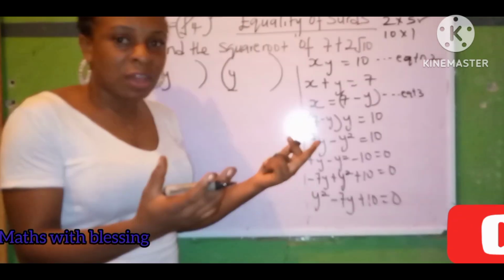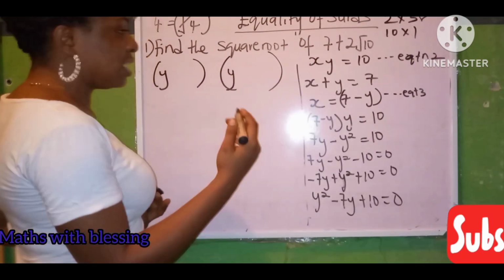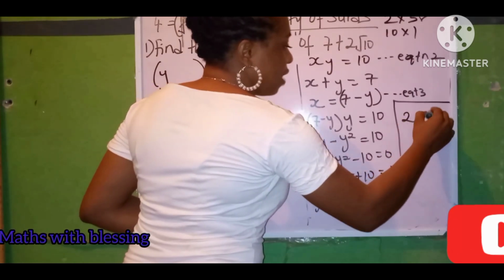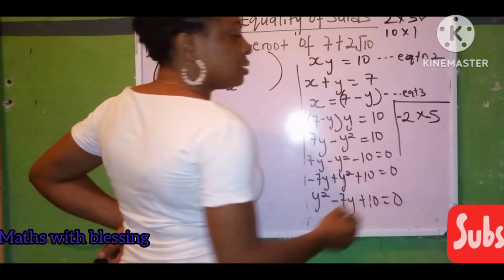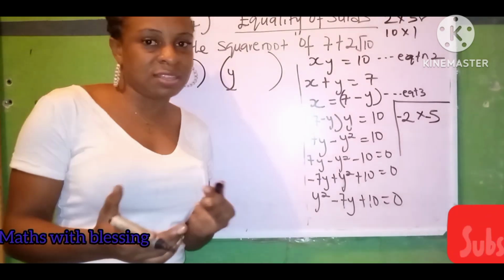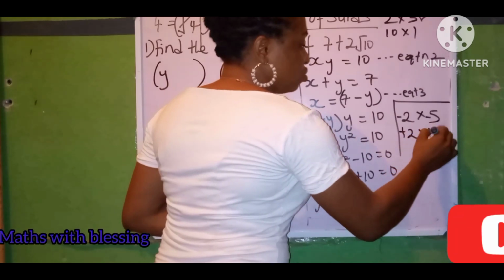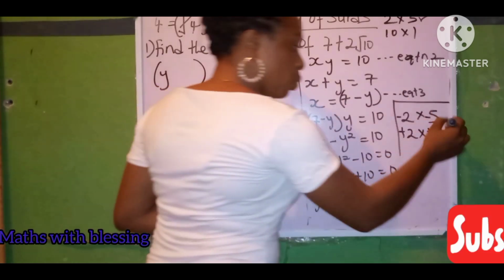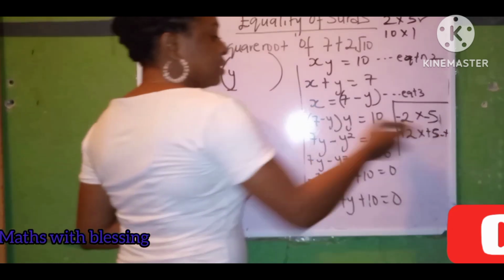Now, we've gotten the two factors. The main thing is to put the sign. We have 2 and 5, and we have +10. Negative times negative will give you positive, and also +2 times +5 will give you +10. So all of them will give you +10.